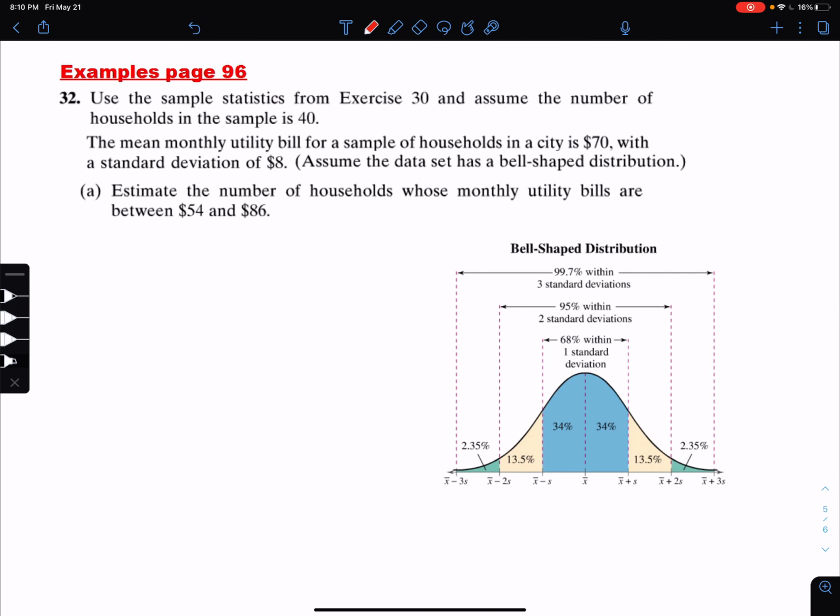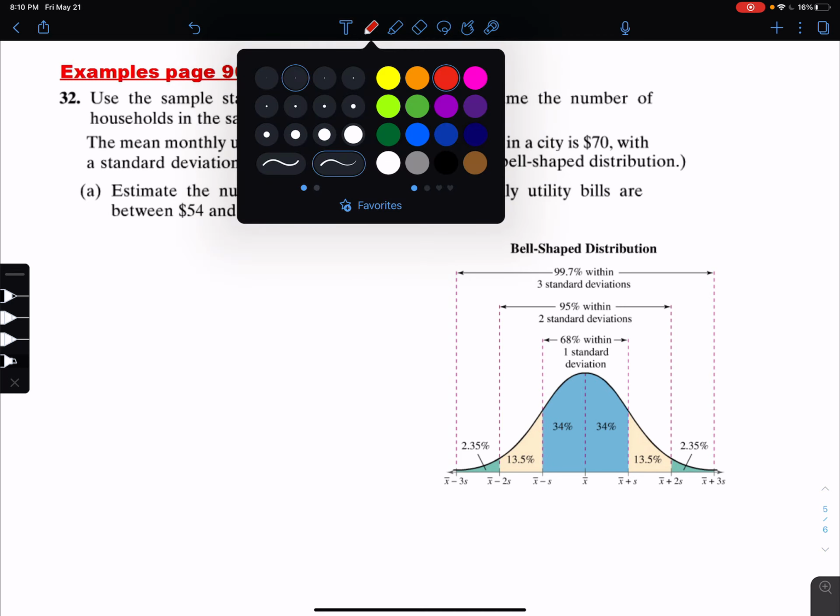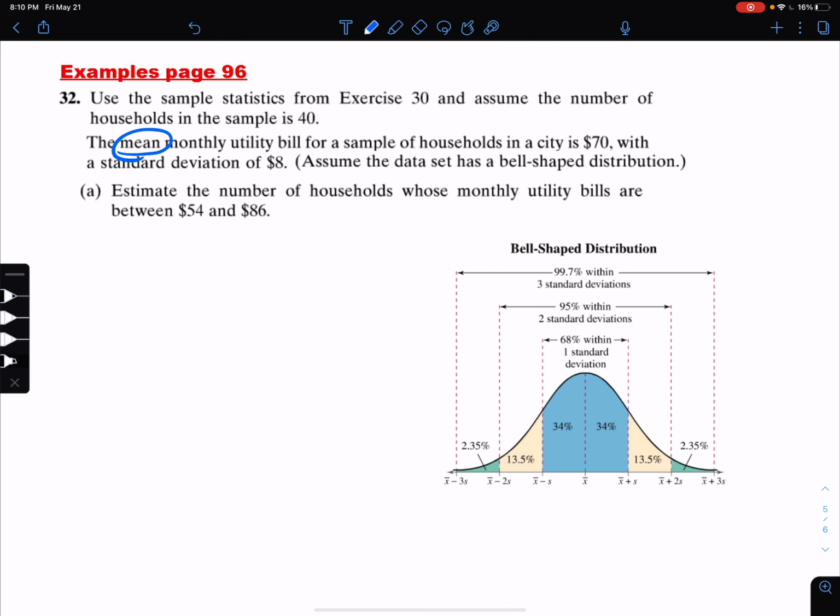All right, so again, if you're going to use the empirical rule, the first thing you need to do is make sure that you have a bell-shaped, symmetric distribution, and make sure that you know your mean and your standard deviation. All right, so here I'm told that the mean monthly utility bill for a sample of households, remember sample mean is a value of X bar, is $70.